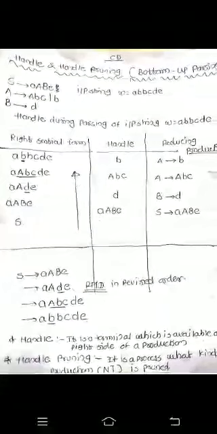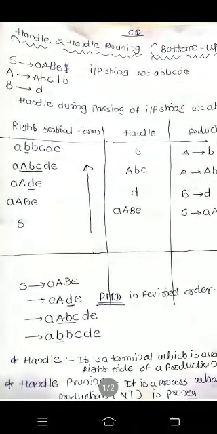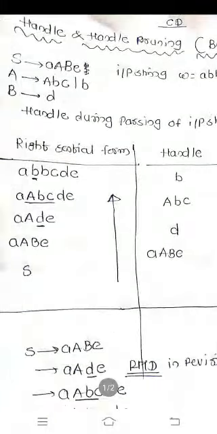Now we have three columns: right sentential form, handle, and reducing production. First, we start with A, B, B, C, D, E. Here we start with A. If we go to the right side of the production, we find that this one symbol alone is not available.